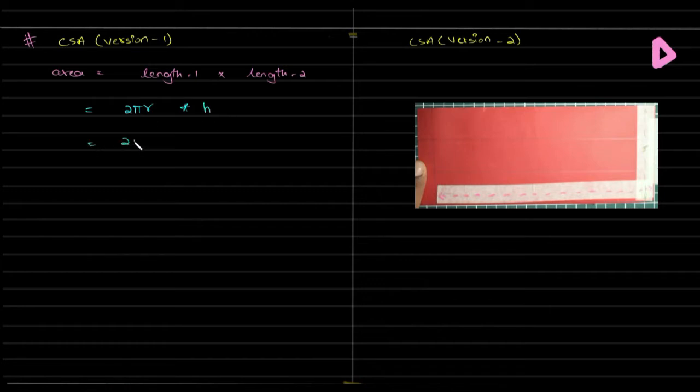So what is your formula? 2 pi r h, is it not? Basically, we're looking at the circumference of the circle, or the perimeter of the circle, into height. This would give you the curved surface area of the cylinder.